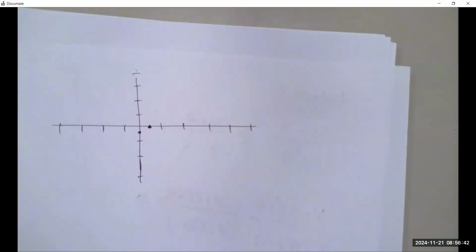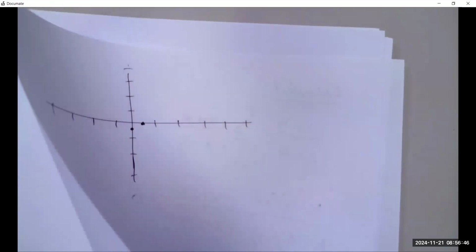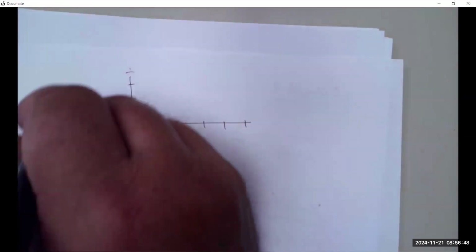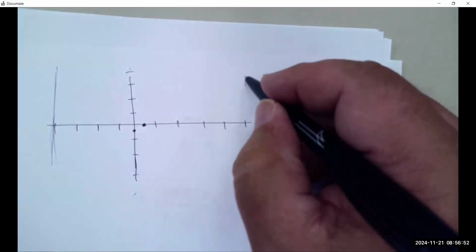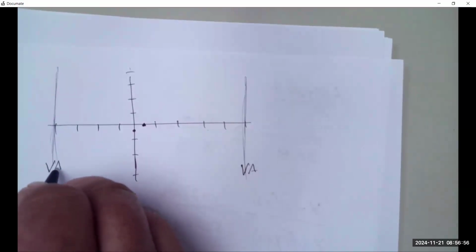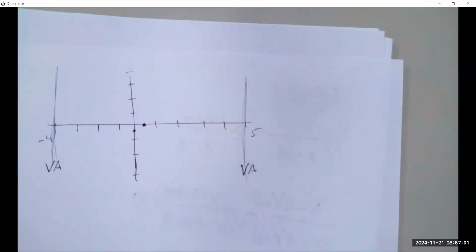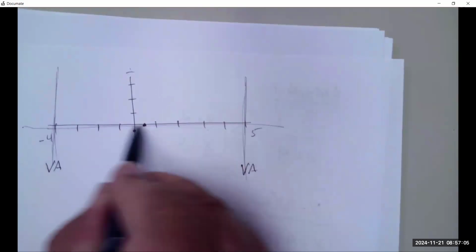Negative 10 over 20 would be 1/2, so it's right below 1/2. The vertical asymptotes are at negative 4 and 5. The horizontal asymptote is the x-axis.